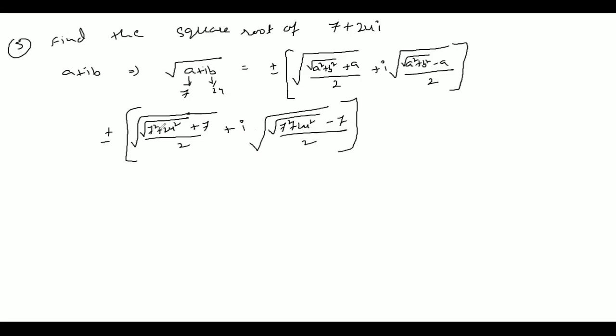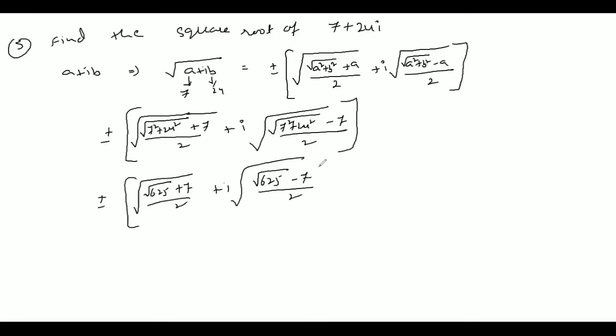Okay, 7 square plus 24 square, just now we found that value, that is root 625 plus 7 by 2 plus i into root 625 minus 7 by 2.